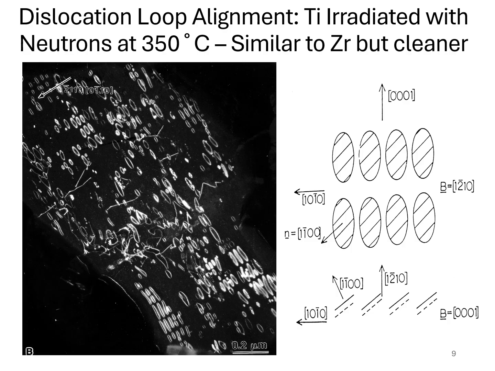So here's just a nice image, because it's clean, of dislocation loops in neutron irradiated titanium. And by tilting around in the electron microscope, I can deduce what the loop configuration is, how the loops are lined up in rafts, and what their relative orientation is.